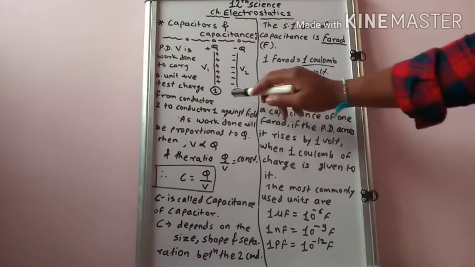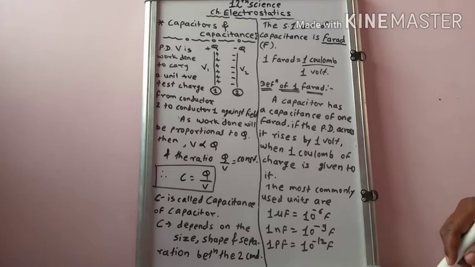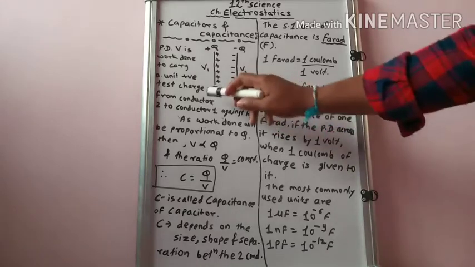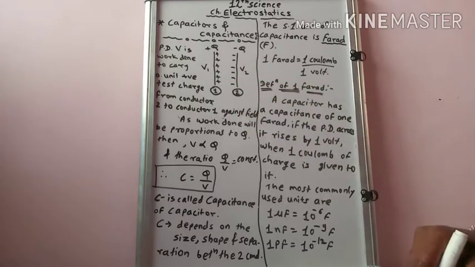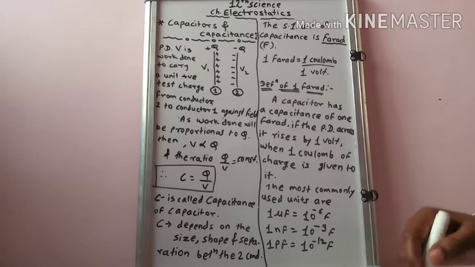What happened in this system? This unit positive charge is carried from the second conductor to the first conductor against the field, and this potential difference is the work done.